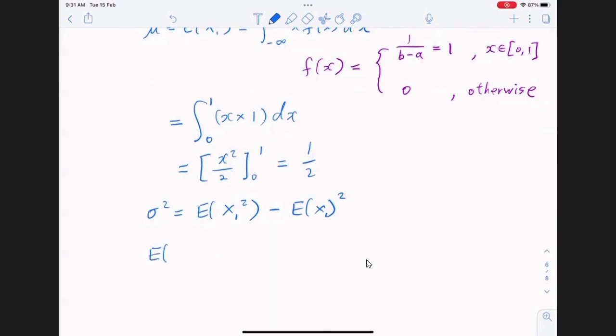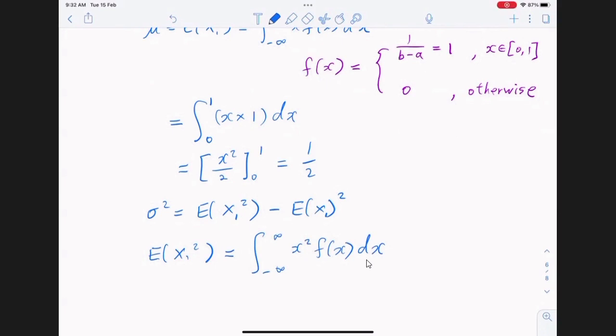So we need the intermediate step. We already obtained the population mean as half. So in order to find the variance, we need this quantity, the expectation of the square of a single variable. So again, we use the integral to find an expectation.